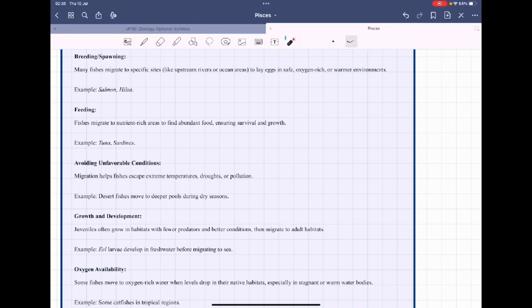Then next is in order to avoid the unfavorable conditions. The migration helps the fishes in case of extreme temperatures, droughts or pollution. If one area has extreme drought-like situation or pollution, they will move to another area where there are favorable conditions for the growth of the fishes.